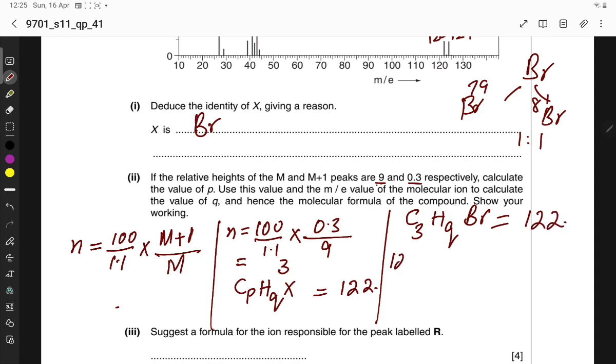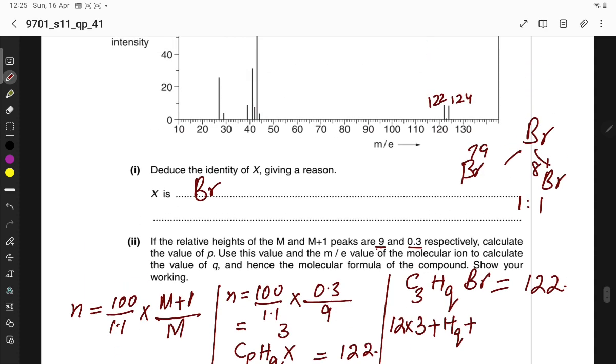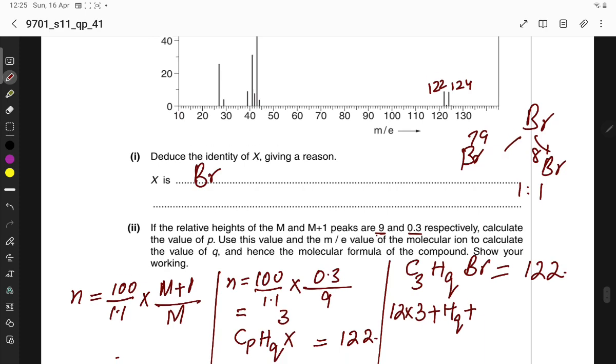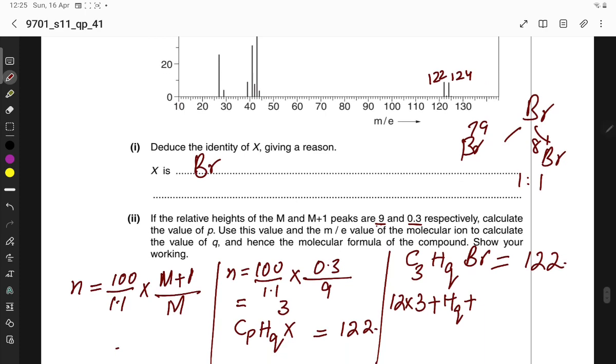Now 12 into 3 plus HQ plus bromine. We have two isotopes, 122 and 124. If we use bromine-79, this is equal to 122. 36 plus 79 is equal to 115.